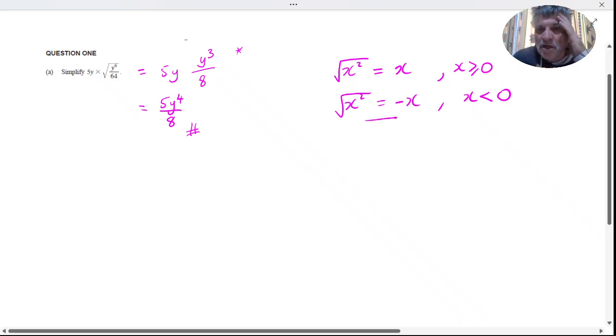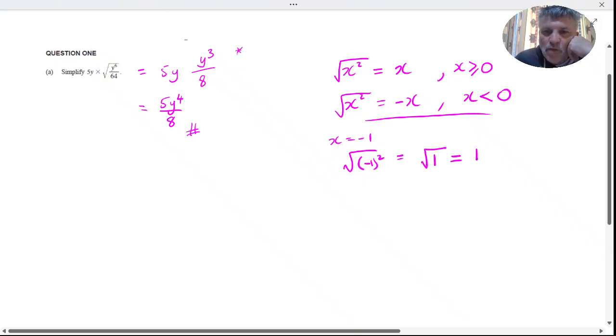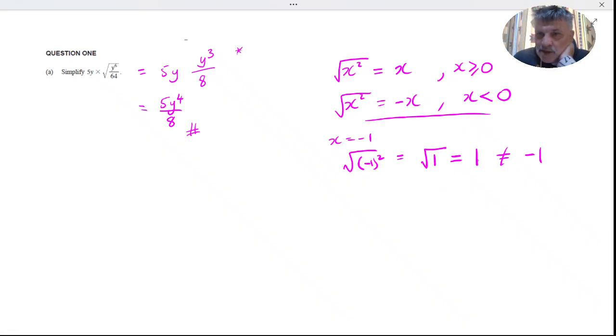So if we just look, say x is negative 1, we've now got the square root of negative 1 squared. Negative 1 squared is 1. It's the square root of 1, and that's 1. And that clearly is not equal to minus 1. 1 is equal to the negative of minus 1.